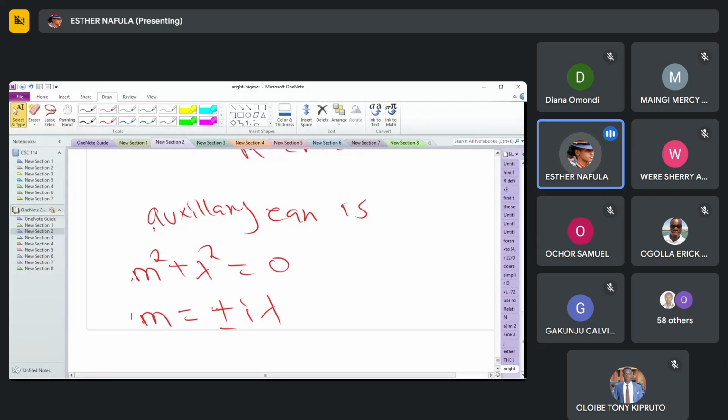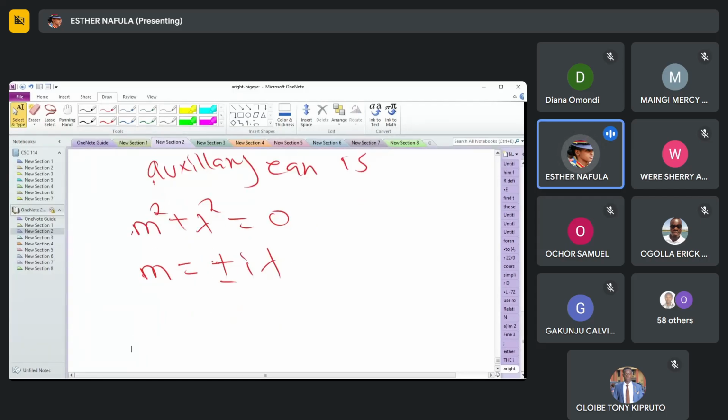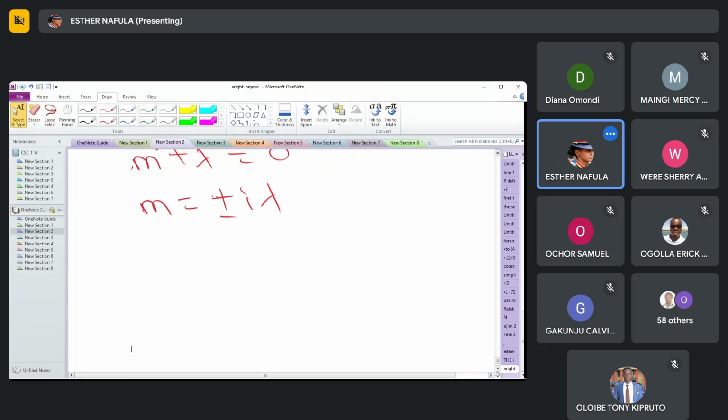So you're solving Cauchy-Euler and it's a case of complex roots. Maybe you need to say m is equal to alpha plus or minus i beta. Alpha equals 0, beta equals lambda.